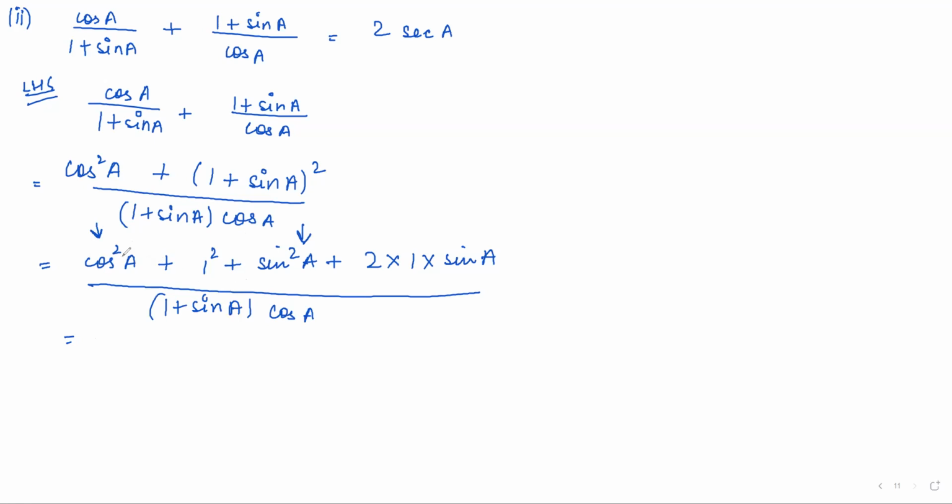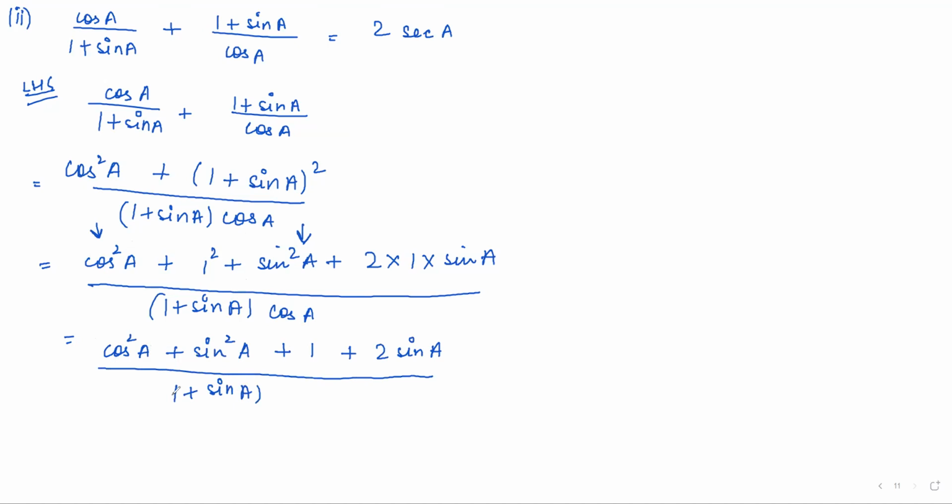If you have confusion, just write it together, and then plus 1 squared is 1, plus 2 sin A, right? If you take it together, cos squared A plus sin squared A becomes 1.